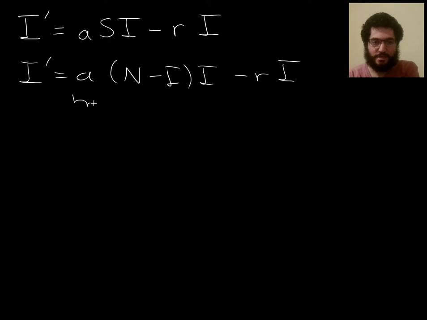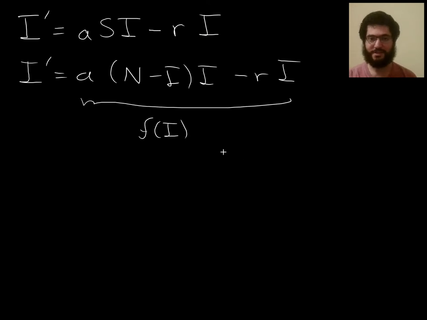Now the right-hand side is still an autonomous differential equation. So the right-hand side is still a function of I only and not a function of t. And it's still a quadratic function of I. So let's write down exactly what it is.